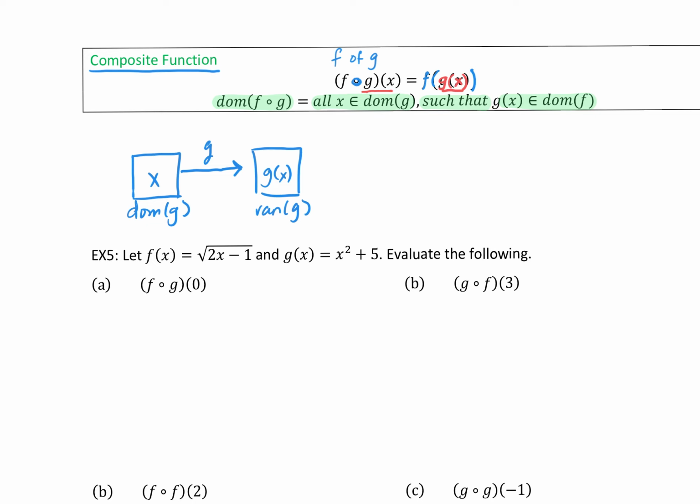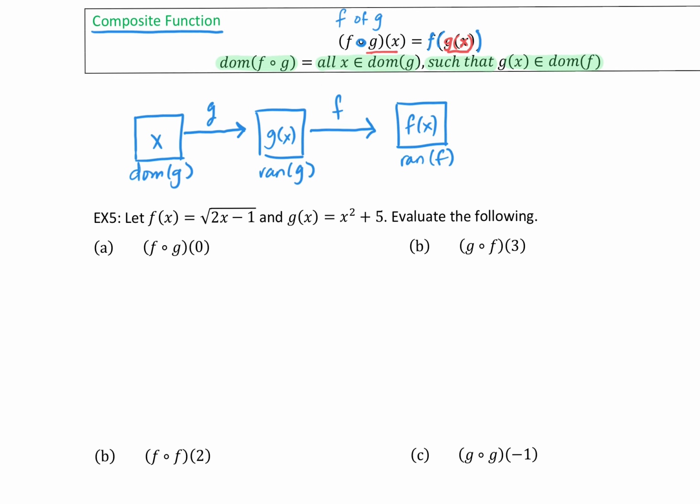But now I'm putting this inside of my function f. So f is now going to take these values and give us back a y value from the range of f. So these y values, I'm just going to call them f of x. Now since we're putting these g of x, these y values into f, whenever you put something into a function, that's its domain.